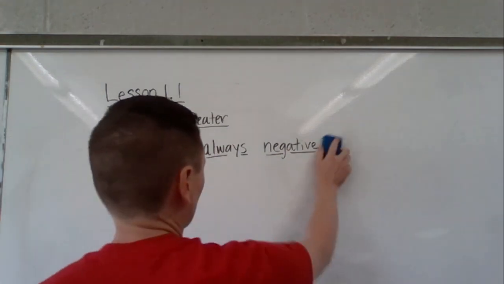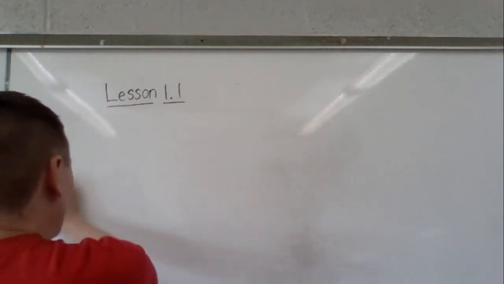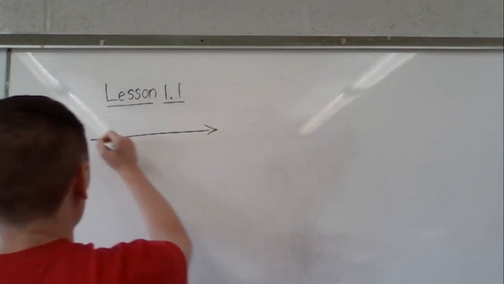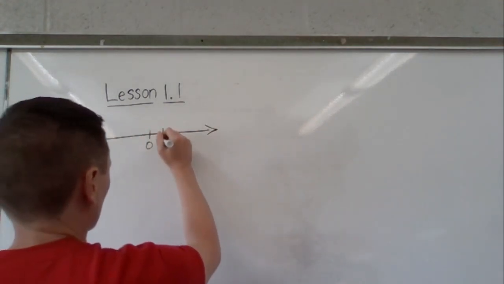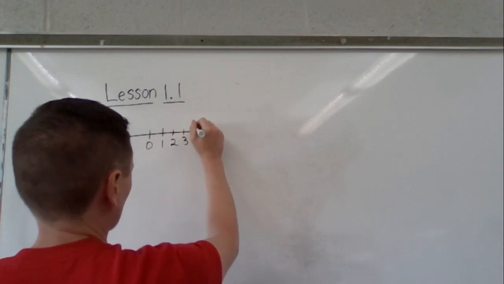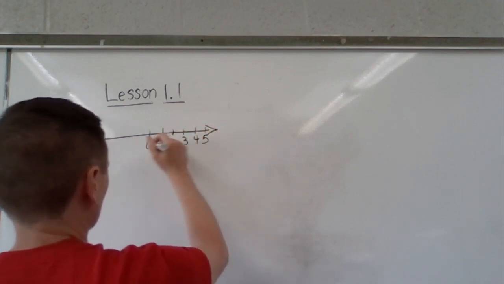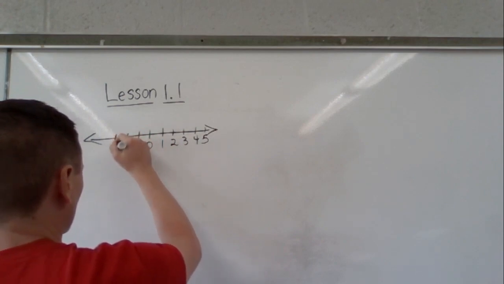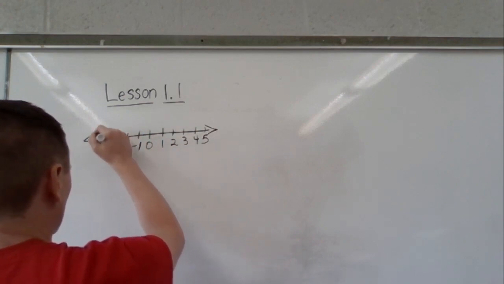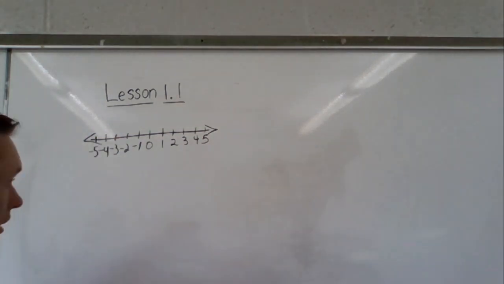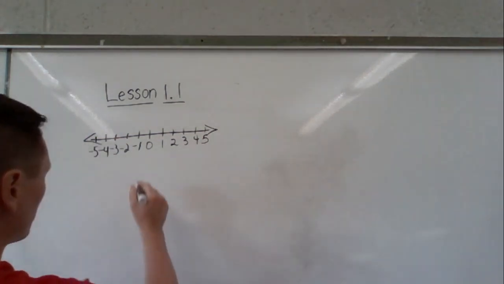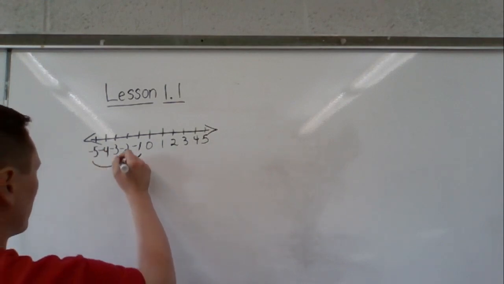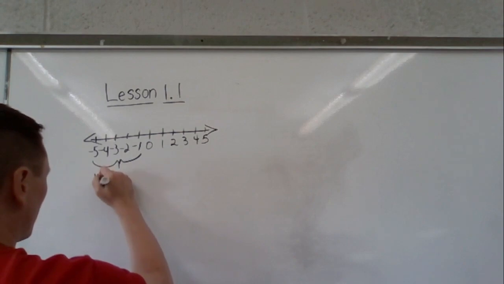So next we're going to look at some positive and negative numbers on a number line. This number line will be similar to the one on your notes. And you can see how I wrote it, that the negative numbers over here all have a negative sign.